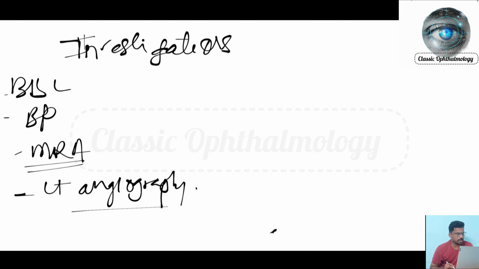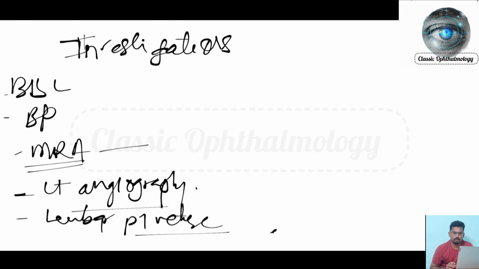Lumbar puncture can be done, but wherever there is pupil involving third nerve palsy, it is suggestive of a surgical lesion, and these two, MRA and CT angiography, should be done as early as possible.